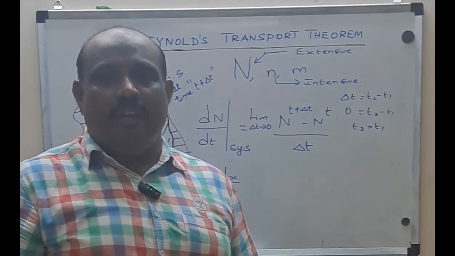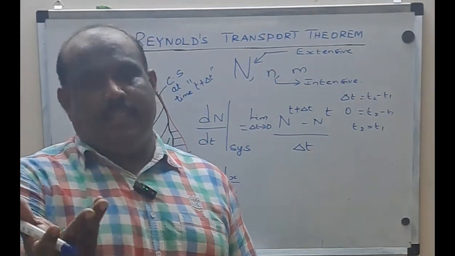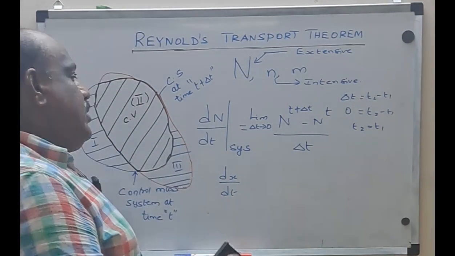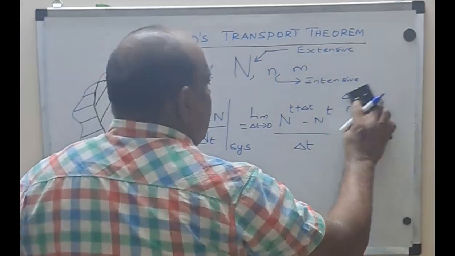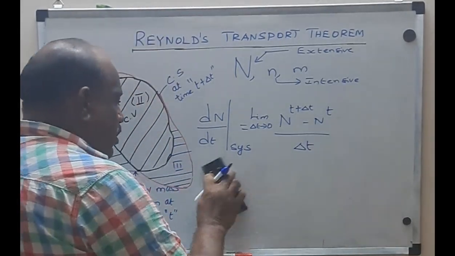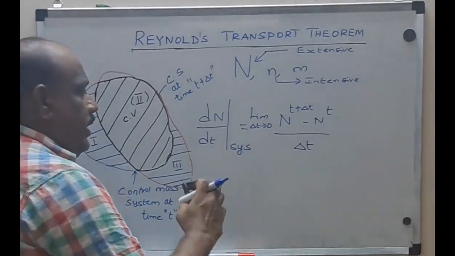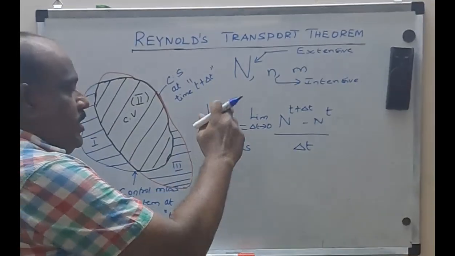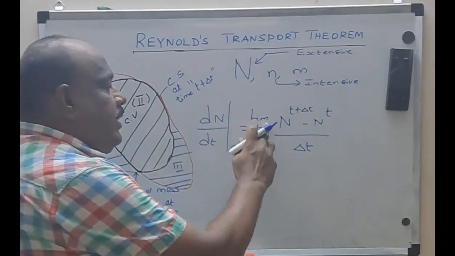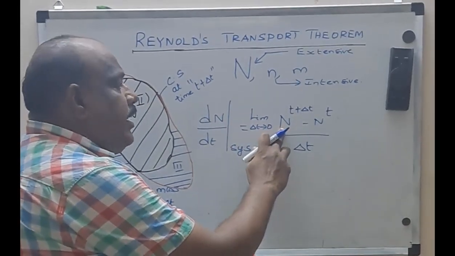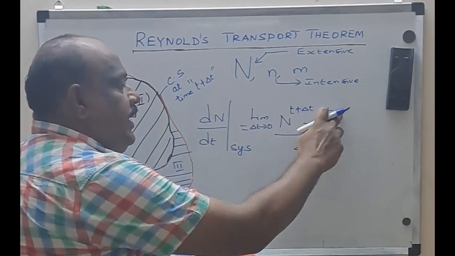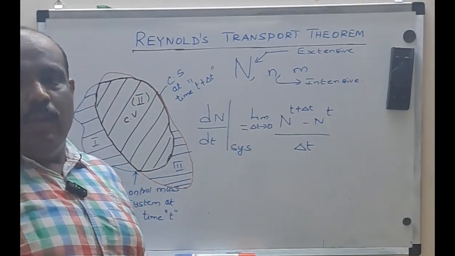Instead of that, I am putting when delta t tends to 0. Both are the same. Whatever way you want, you can take it. It is a way of expressing. Now, I hope every one of you is able to understand how I have written dN/dt of the system equal to the limit delta t tends to 0 of N of t plus delta t minus N of t by delta t. I hope it's very clear.